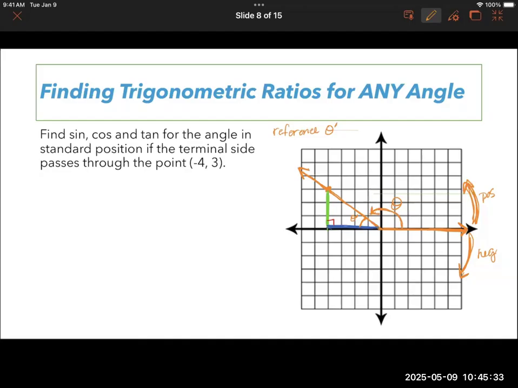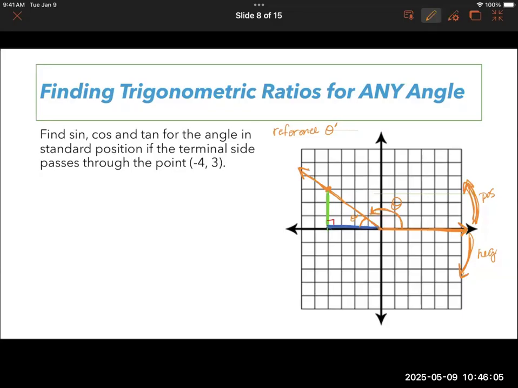And the interesting thing about trigonometry is that for whatever angle I'm interested in, the trig for the reference angle is equivalent to the trig for the original angle. So if I find the trig ratios inside of this right triangle I just created using this reference angle, those will be the answers for my original theta.